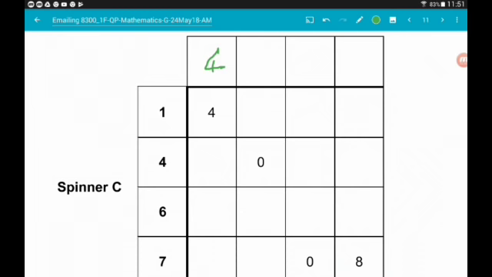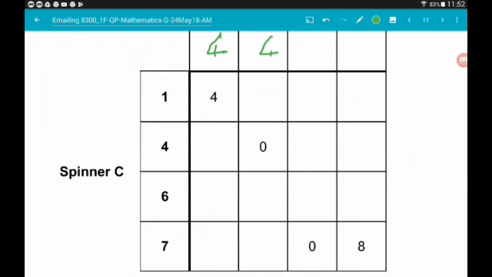With second score, we've got a 0. That's when spinner C lands on 4. We get a 0 if the arrows land on the same number. So we're going to have another 4. And then down the bottom, we got a 7 on spinner C with a score of 0. So we're going to have a 7.